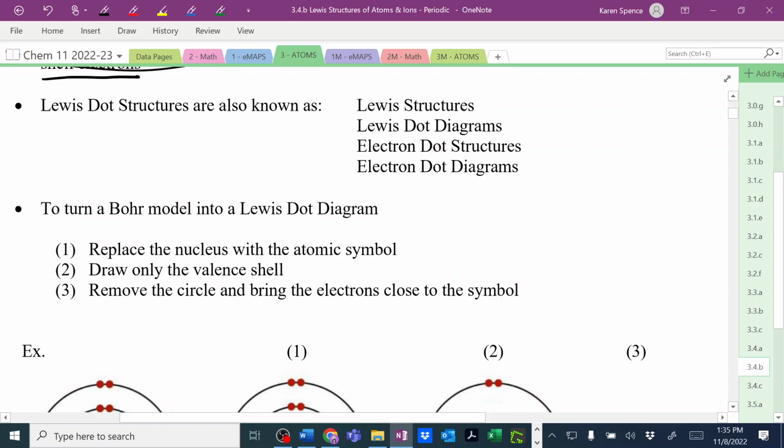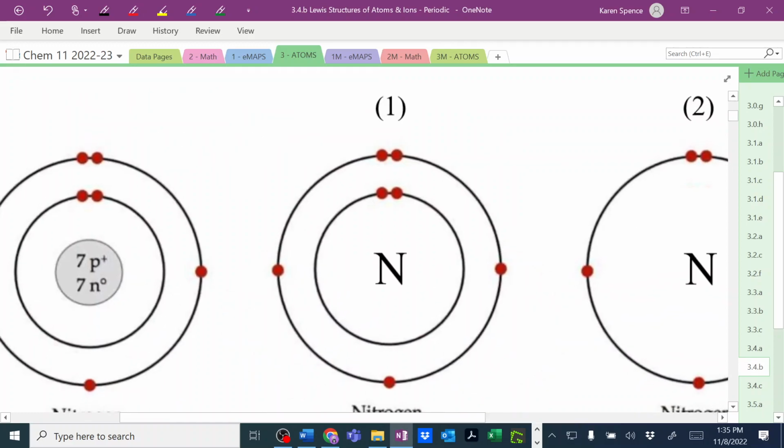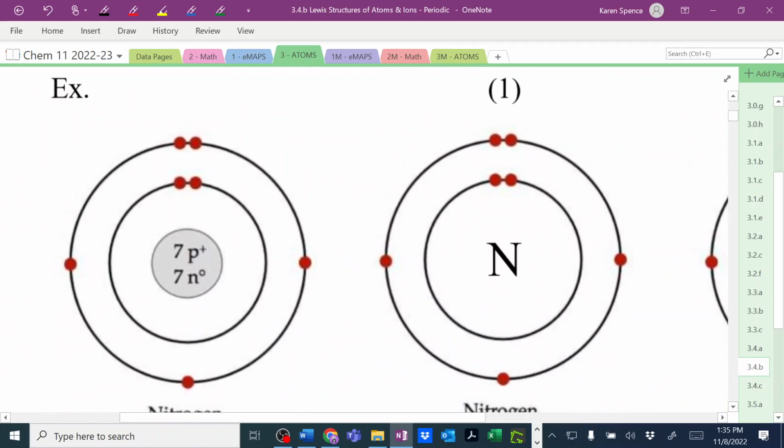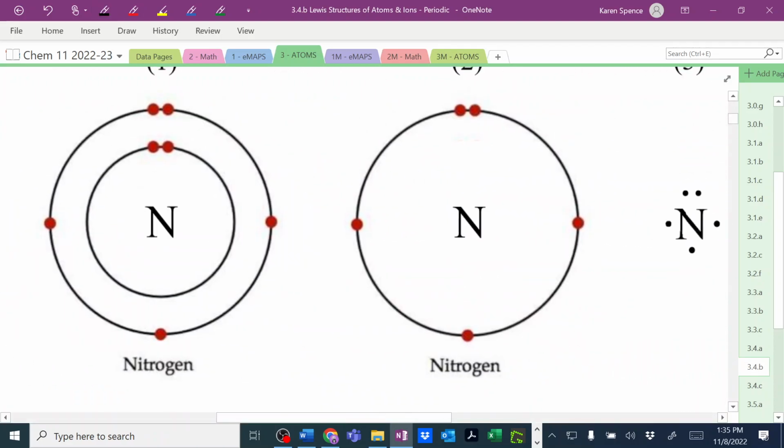To turn a Bohr model into a Lewis dot diagram, basically, you don't draw any of the protons and neutrons in the nucleus. You just replace it with the symbol. Okay? So much easier already. And then you get rid of any inner shells and you only leave the outer shell.